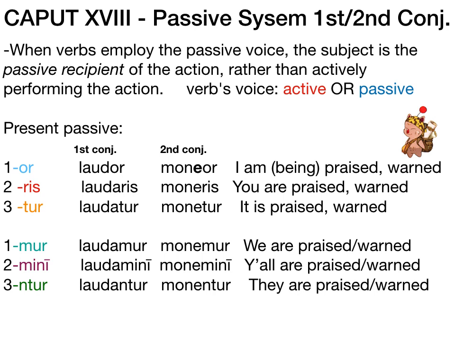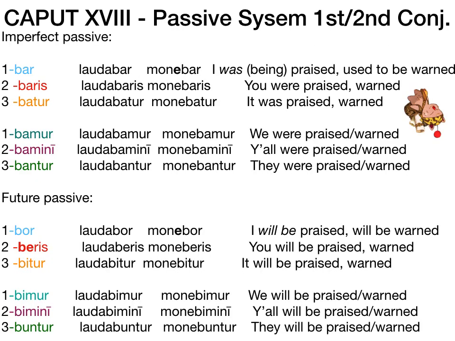So remember these endings: or, ris, tur, mur, mini, and ntur, as well as we have imperfect and future versions of these as well. Those are the endings for first and second conjugation. Now we're getting third and fourth. They are similar, and the imperfect is basically the exact same, but present and future are kind of weird.